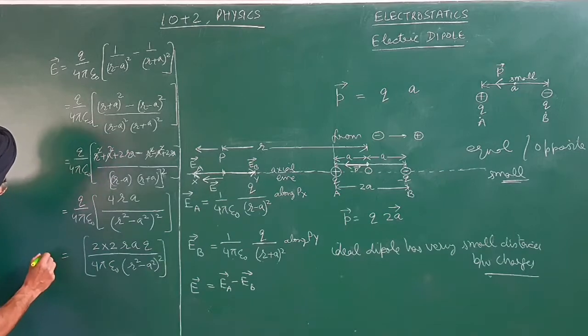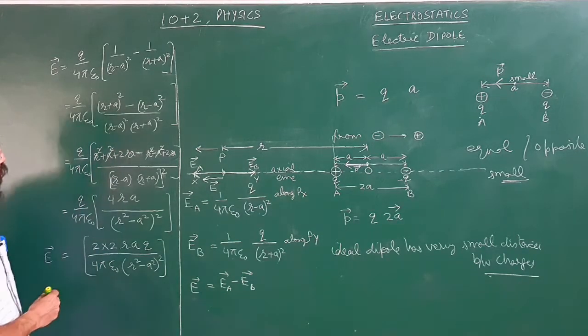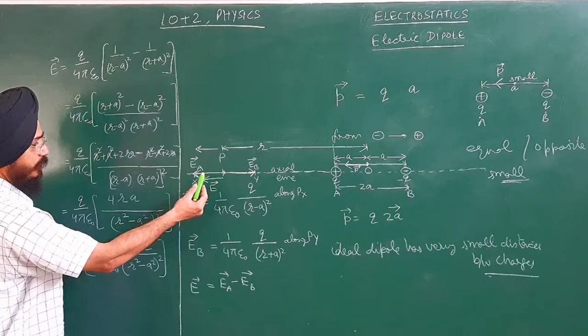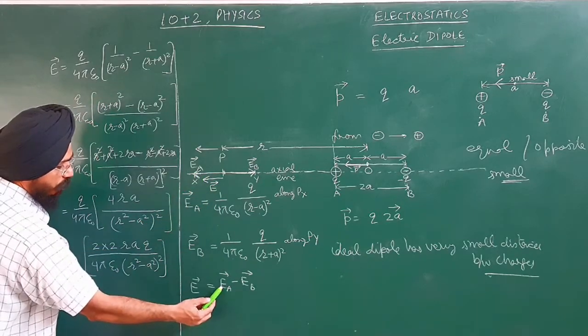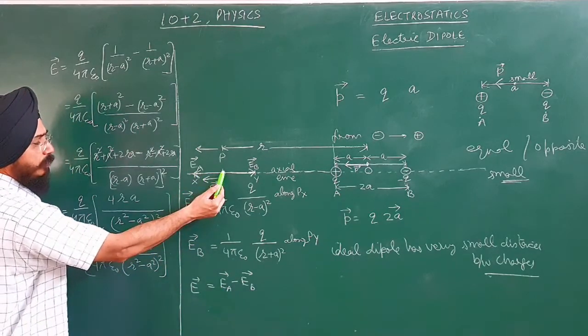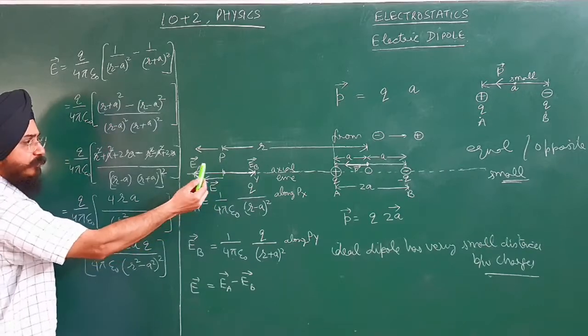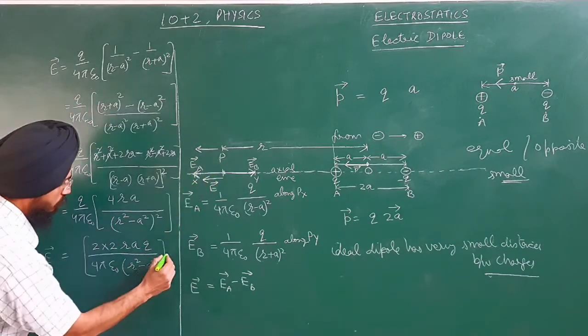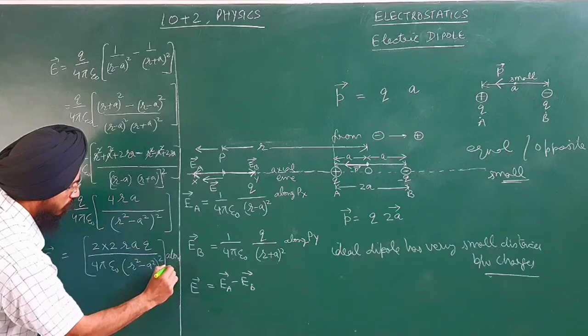And what will be the direction of E here? It will be towards the bigger vector, that is from right to left side. So this is along px.